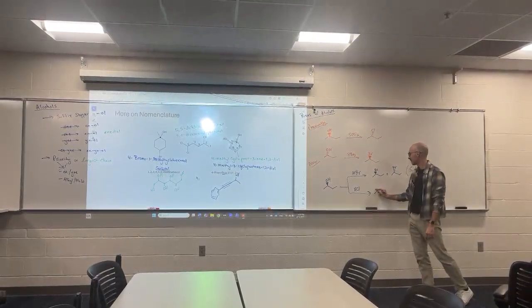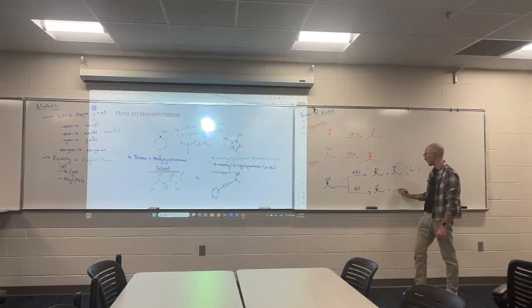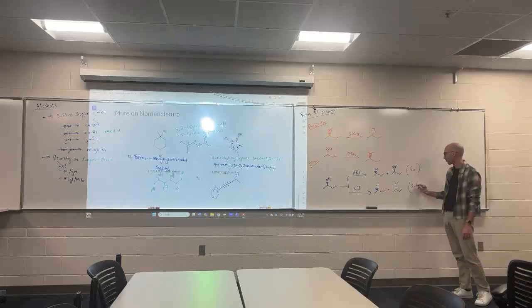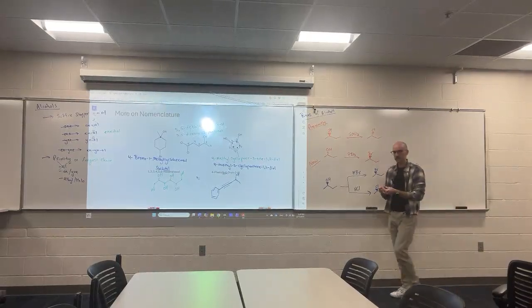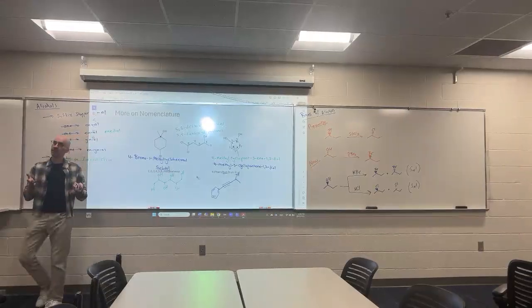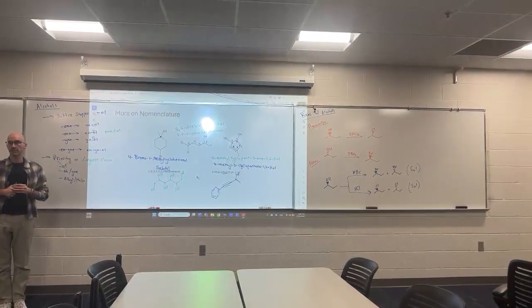HCl gives us the same thing, but we substitute for chlorine. This gives us a mixture of stereochemistries. Now you guys can kind of see that there's a usefulness to thionyl chloride and phosphorus tribromide.